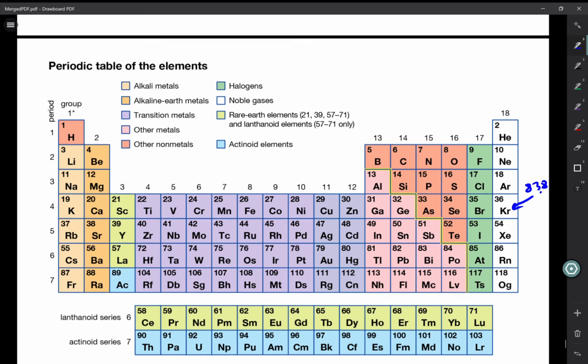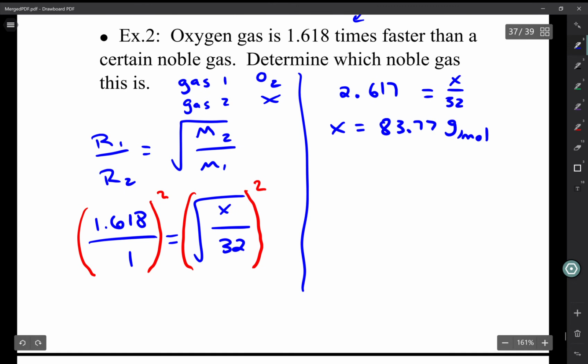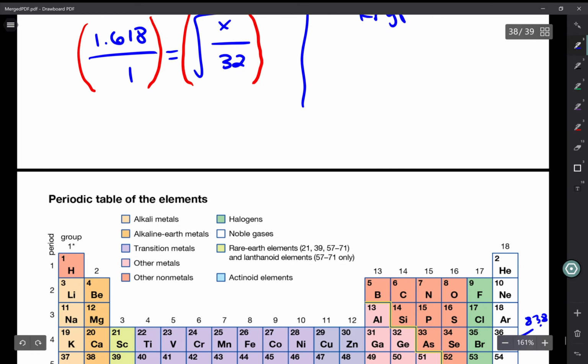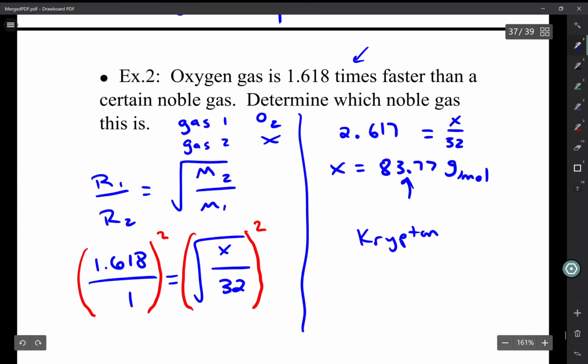So 83.8 is closest to this, so it is krypton. You have to look at a periodic table with atomic masses. Unfortunately, this is the only periodic table I had, which doesn't have them. You have to look on the periodic table, look up molar masses, and see which one's closest.